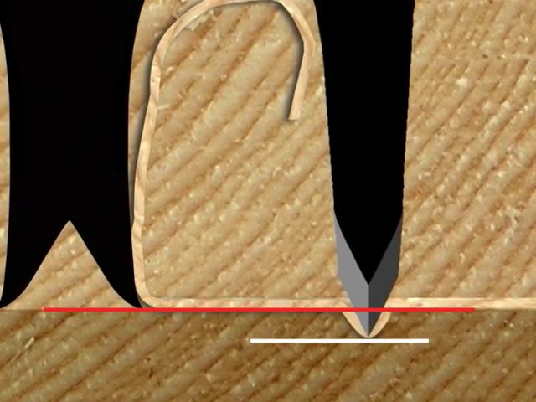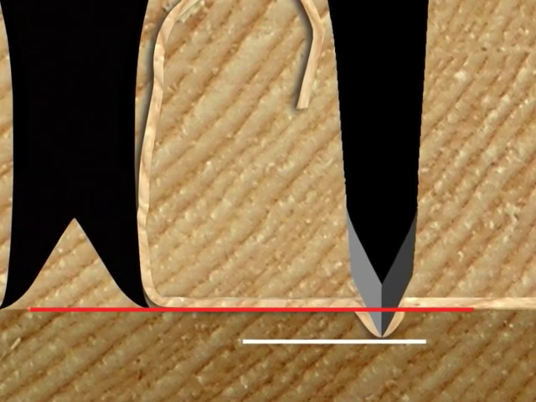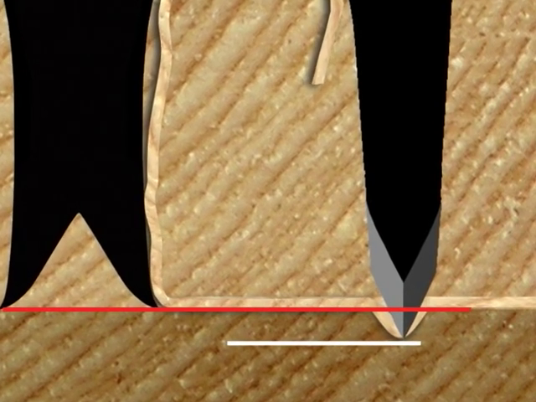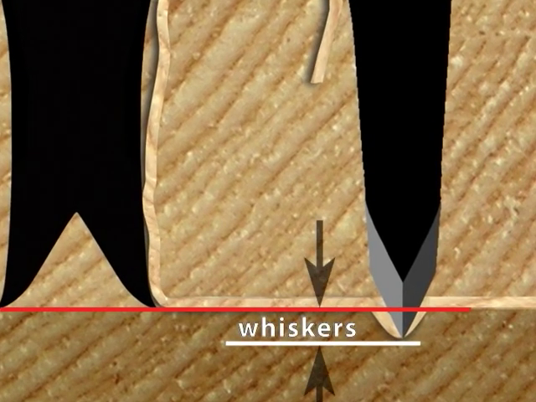And if the raker tip were the same height as the tip of the cutter, then it would be pulling whiskers that are this thick here. So depending on the type of wood, consequently the amount of spring back that you get, that determines how much shorter your raker tip has to be than the cutter tip.